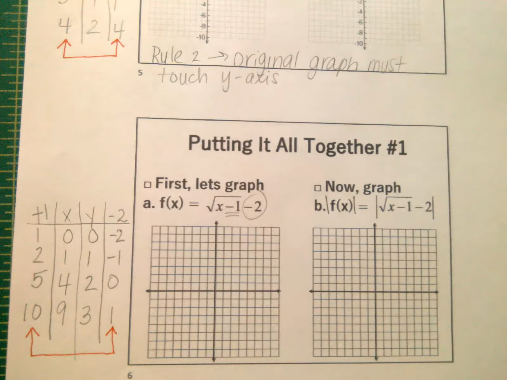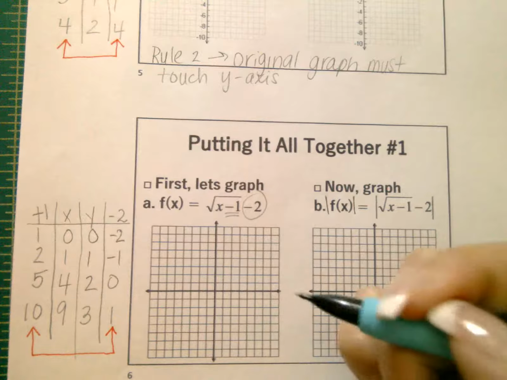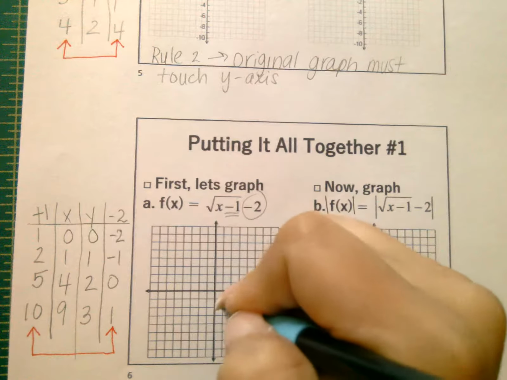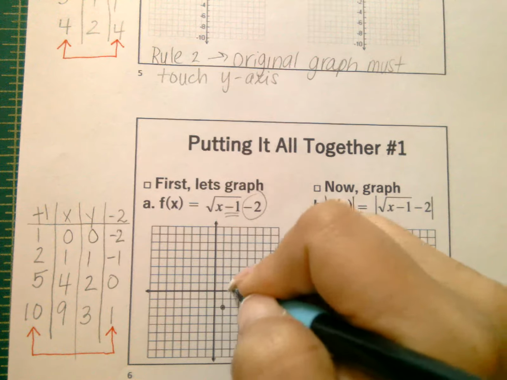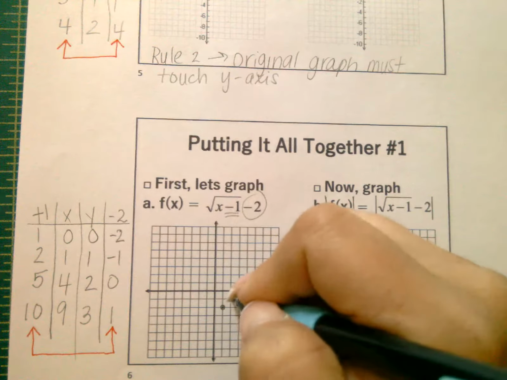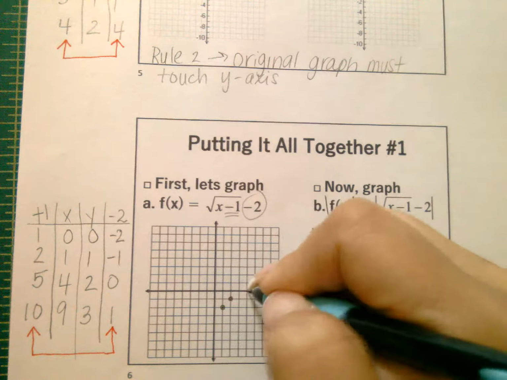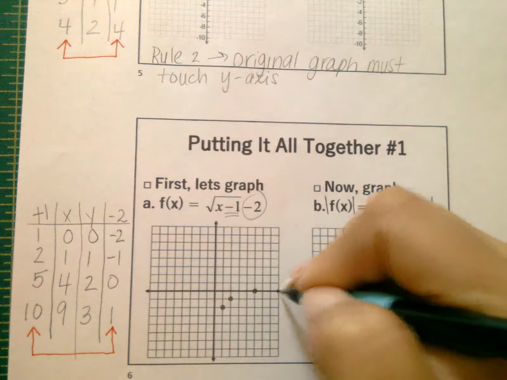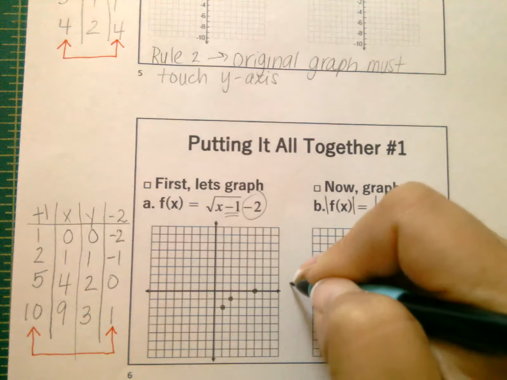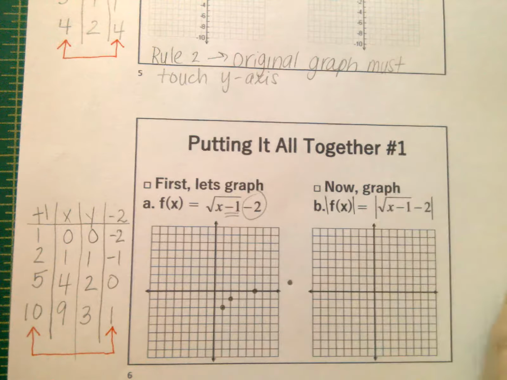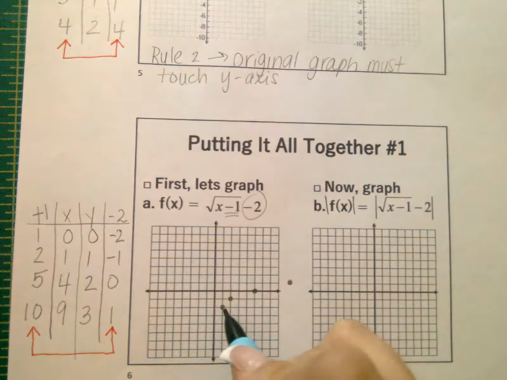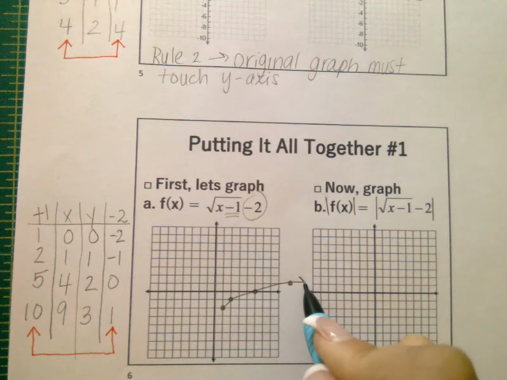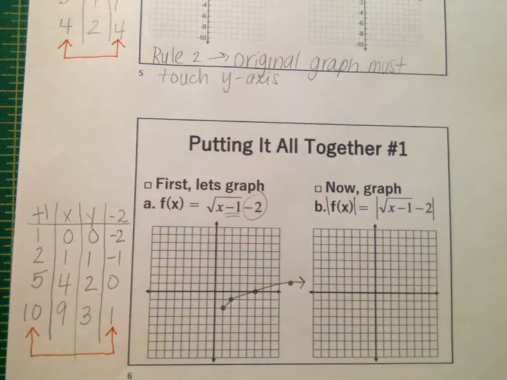Okay, so those are my ordered pairs. So let's see what I can fit on my graph. So 10 would maybe be somewhere out there off the graph. Okay, so there is my original.